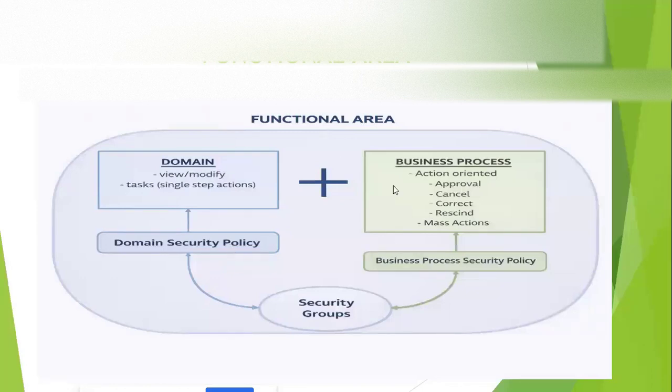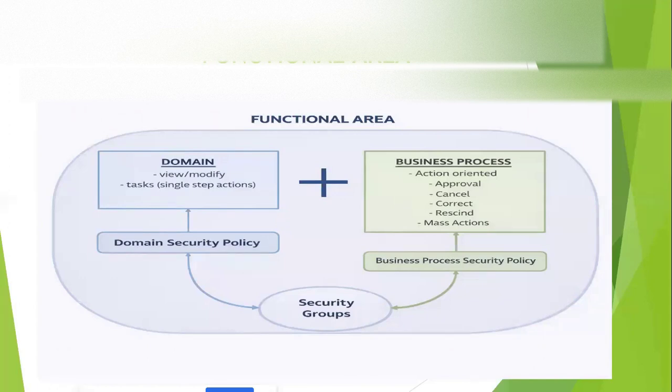Similarly with the business process. What is the difference between domain and business process? Domain is what tasks we can see in Workday, and whatever data we can see or tasks we can perform related to the data.